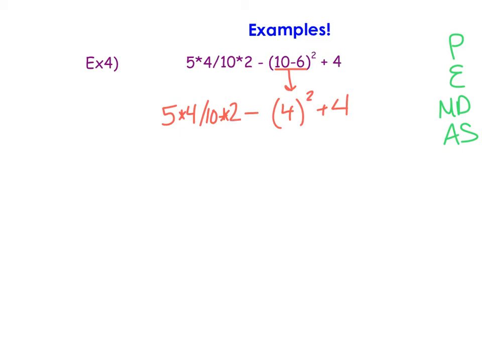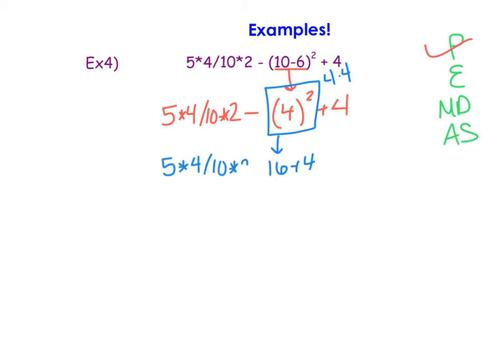Okay. Then after we evaluate all of the parentheses, we move on to exponents, which I see right here. So 4 squared is really 4 times 4, which is 16. So I add in the rest of the problem there.